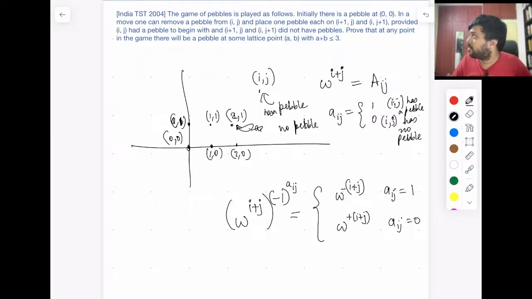I'm wondering whether, let's run through the argument, and I think it will affect. Maybe it starts with a 1 and it will remain 1, that is the problem. If there are no pebbles at all, it will also be 1.